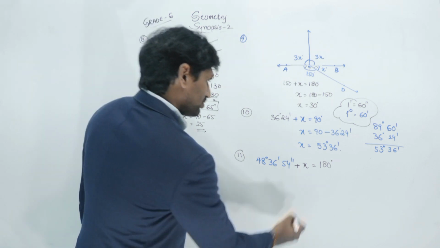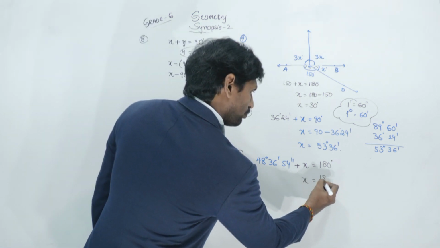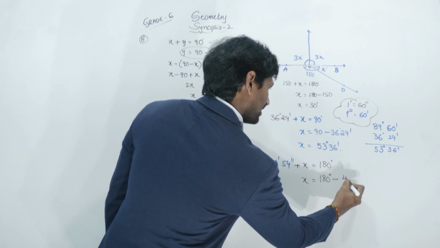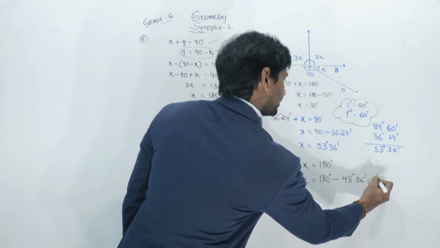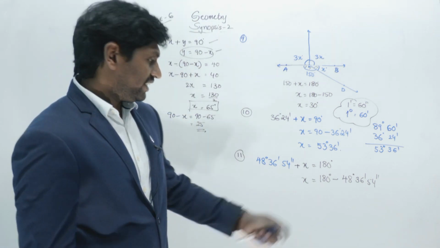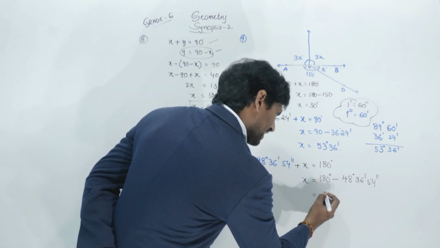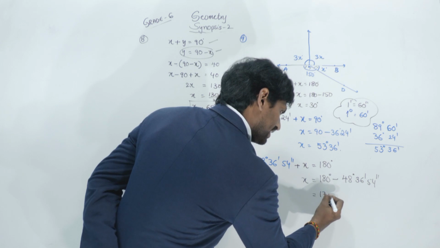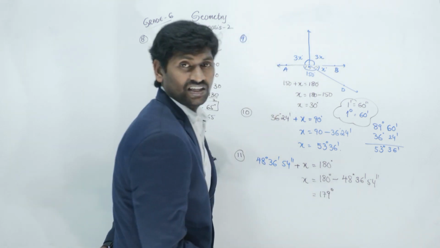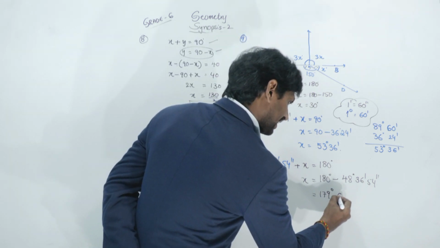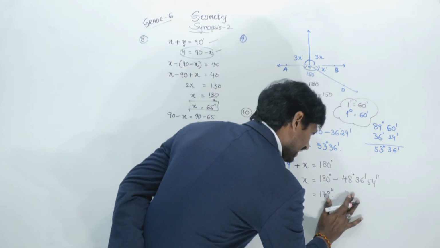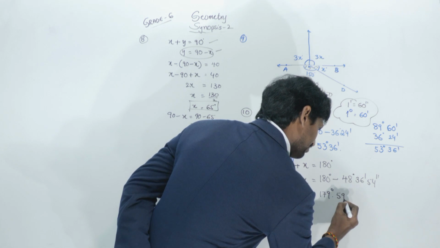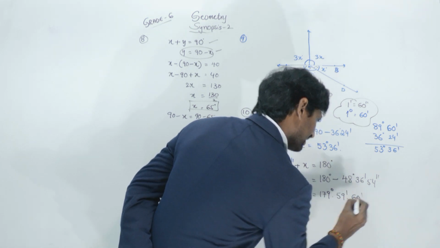So x equals 180 degrees minus 48 degrees, 36 minutes, 54 seconds. But I am writing this 180 degrees as 179 degrees. In this 1 degree I can write 60 minutes. Again in this 60 minutes I am writing 59 minutes and 60 seconds.